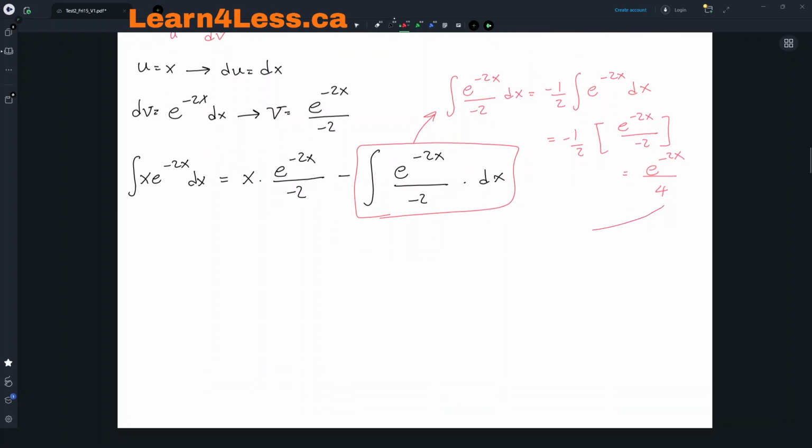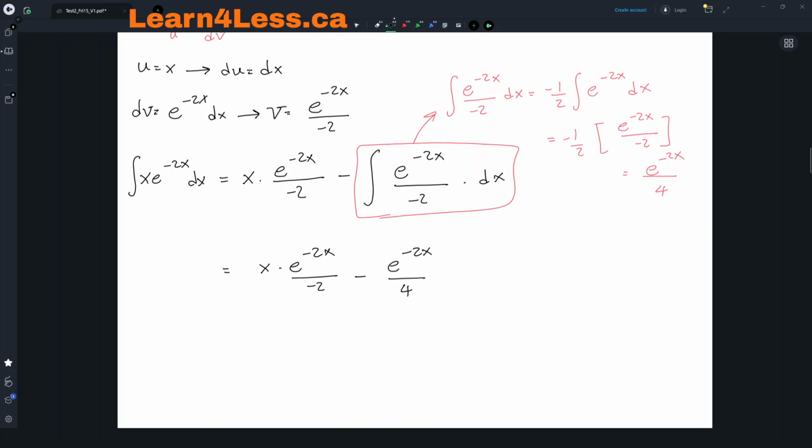Now I can substitute this in place of that integral. So my original integral would be x times e to the power of negative 2x over negative 2, minus this integral which we already evaluated, e to the power of negative 2x over 4.